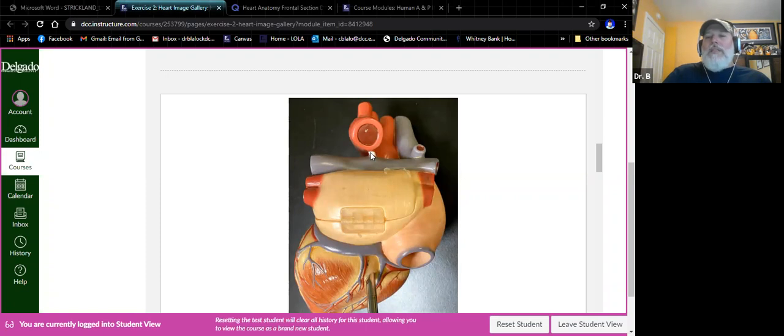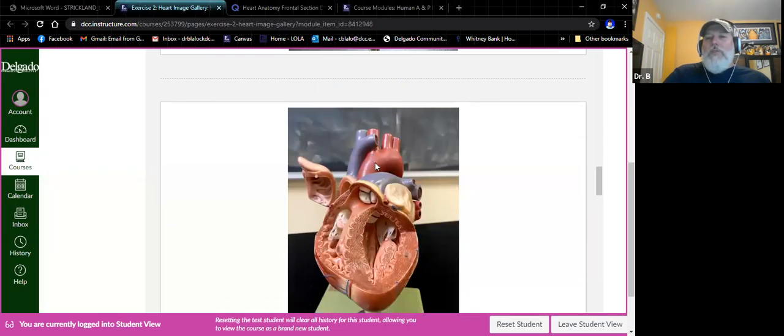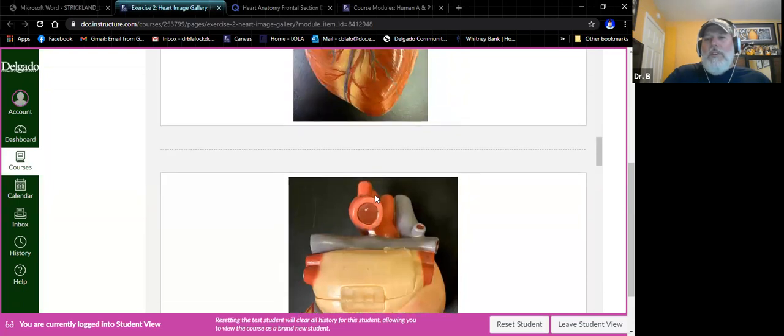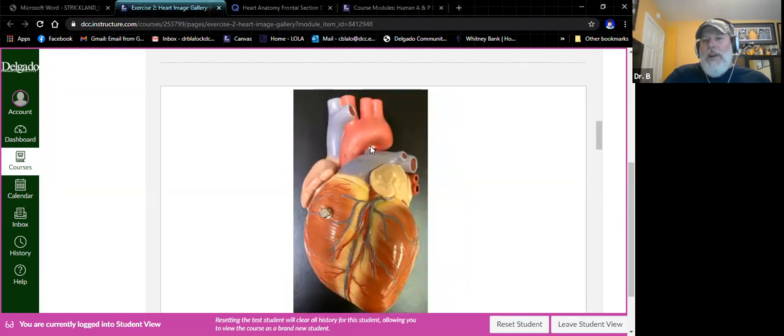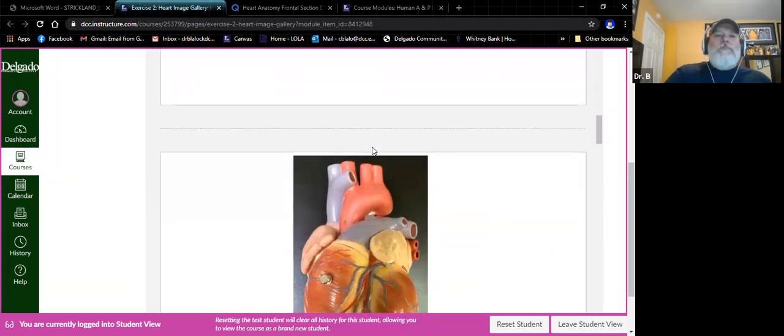And this atrophies, it closes off before birth and then forms this connective tissue ligament that you can see on different views. We can see it right there. You can just barely catch a glimpse of it between the inferior part of the aortic arch and the pulmonary arteries. So that's the ligamentum arteriosum.